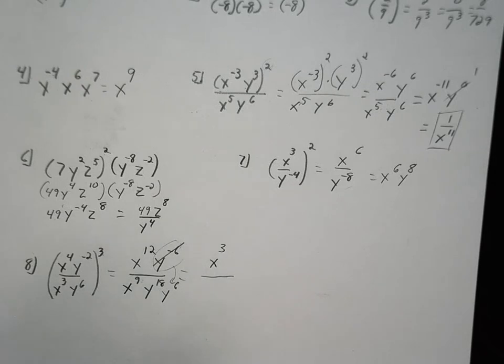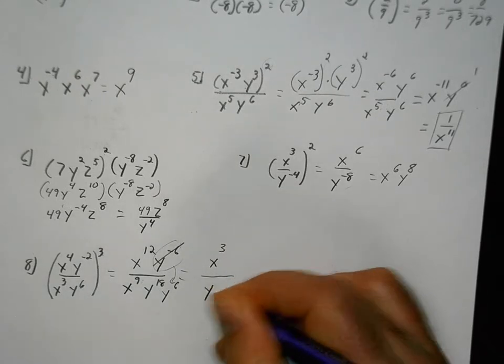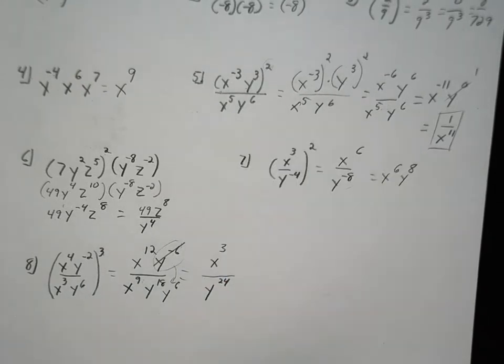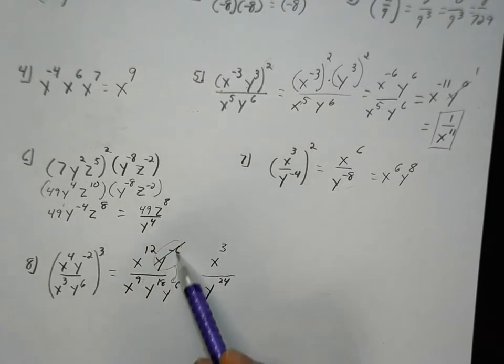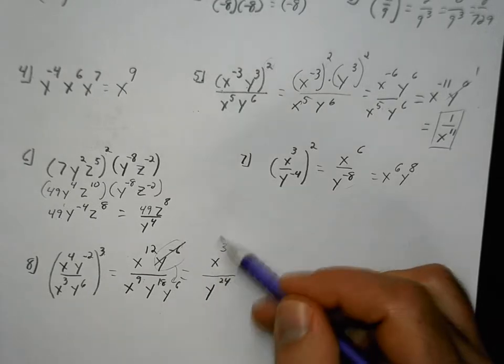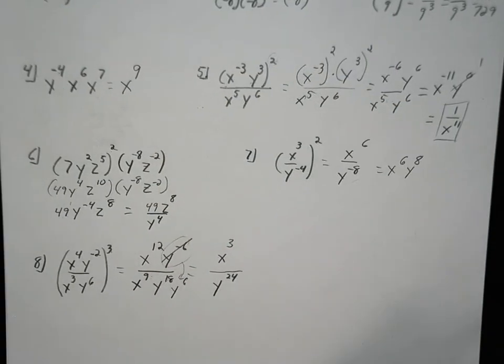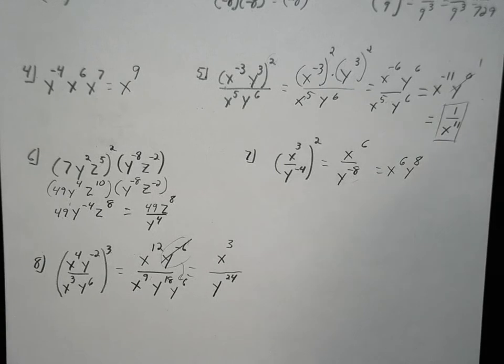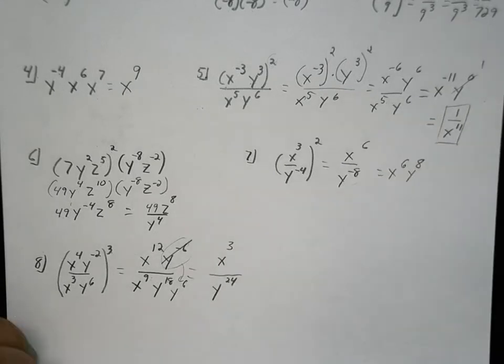And then we could add those and get y to the 24. Or we could have just subtracted them. Negative 6 minus 18 is negative 24, and then we move it down to the denominator and make it y to the 24. So you can see there's a few ways to approach these. Okay, so there's some examples.